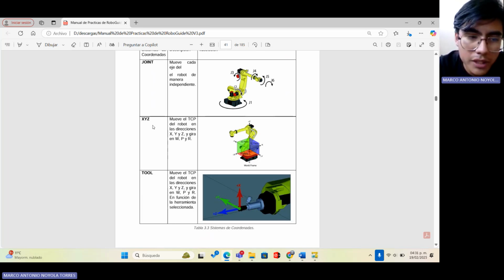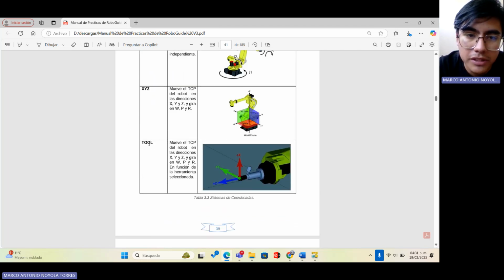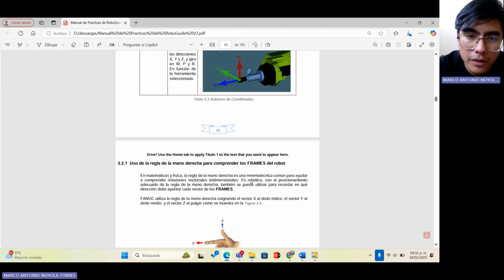This system moves the TCP of the robot in X, Y, and Z directions and rotates in W, P, and R. Finally, the tool system. This system moves the TCP of the robot in X, Y, and Z directions and rotates in W, P, and R depending on the selected tool. This is the tool.